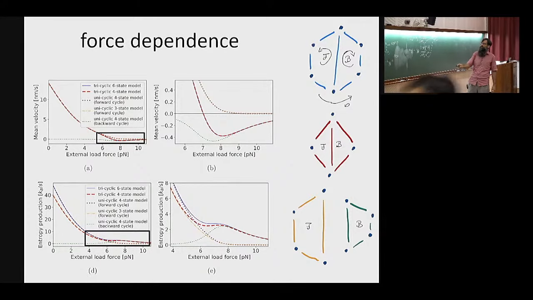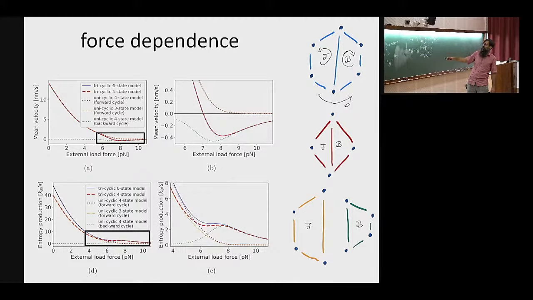And you can do the same thing for the entropy production. Down here, blue again is the original model, and all the other models have lower entropy production, depending on whether you are at high force or at low force. At high force, the red curve, which is this one, is still very good.